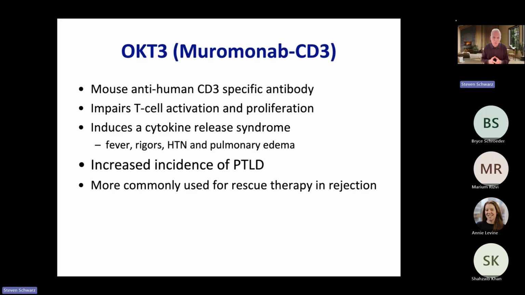So cytokine release syndrome is associated with numerous chemotherapeutic agents that are used essentially to manage a variety of cancers, but also as an immunosuppressive agent in the post-transplant period, OKT3 can induce a cytokine release syndrome. And when this happens, because of its profound effects, it is associated with an increased incidence of post-transplant proliferative disorder, and OKT3 is most commonly used for rescue therapy in patients who have chronic rejection.